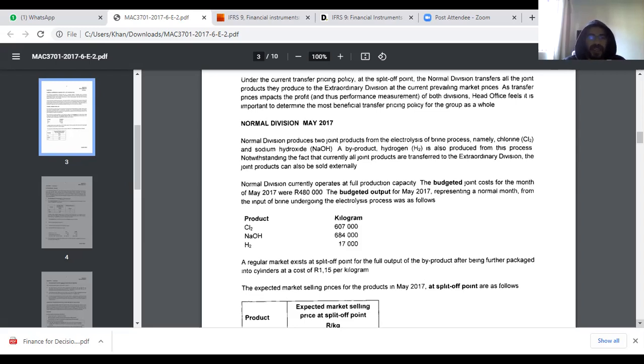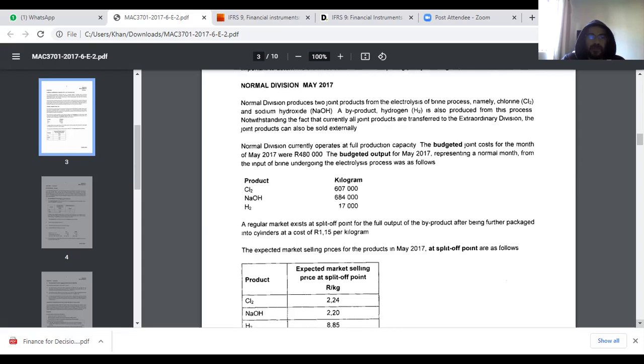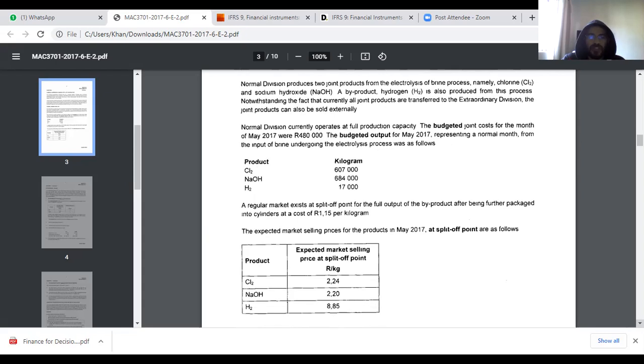Just take note, they say a regular market exists at split-off point for the full output of the byproduct after being further packaged. We're saying the expected selling prices of the products in May 2017 at split-off point are as follows. So you can see you can sell chlorine at 224, you can sell hydroxide at 220, and you can sell hydrogen at 885. So remember, the net selling price will be 885 minus 115.